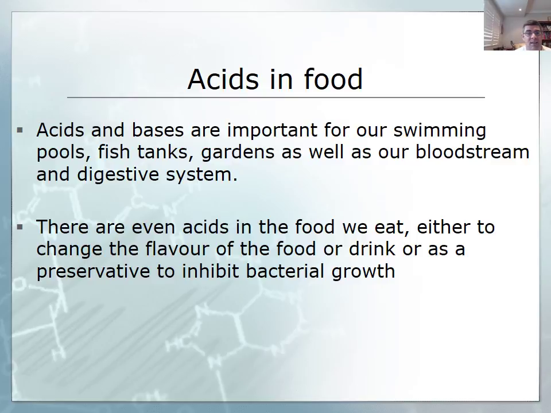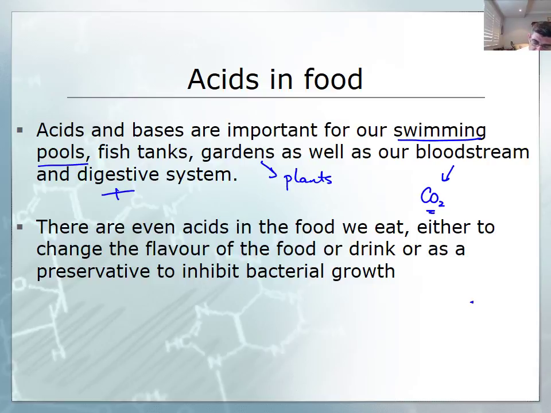Now, going back a step, we know that acids and bases are important for the maintenance of correct pH in swimming pools, for health, hygiene, and also to inhibit the growth of microorganisms, to maintain good health for fish tanks, for gardens, for the plants that grow there, as well as our bloodstream and our bodies, which also have an equilibrium system that is based on maintenance of pH.